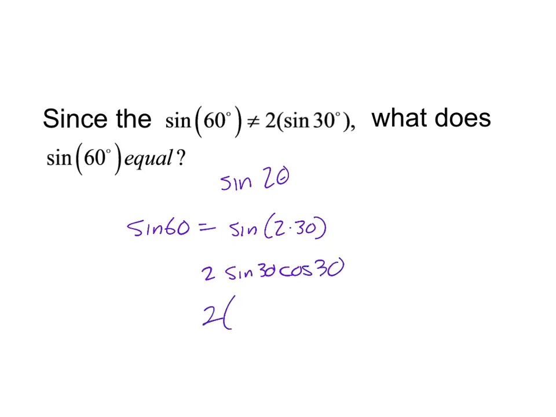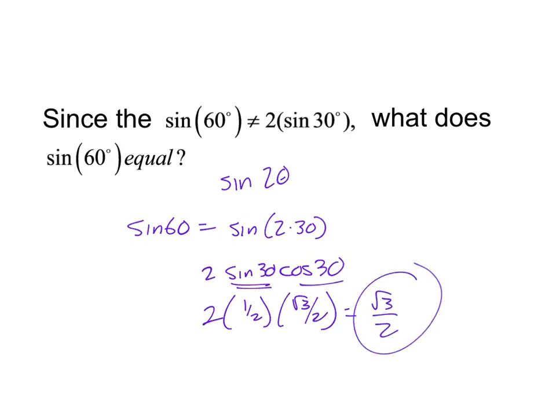So that's going to be 2 times 1/2 times square root of 3 over 2. And again, these I'm getting from either just drawing out the sine of 30 or just using my unit circle, which, I told you guys, you're going to have to get really good with your unit circle. So I'm hopeful that you listened to that. So sine of 60 actually equals square root of 3 over 2. But that's something we knew.